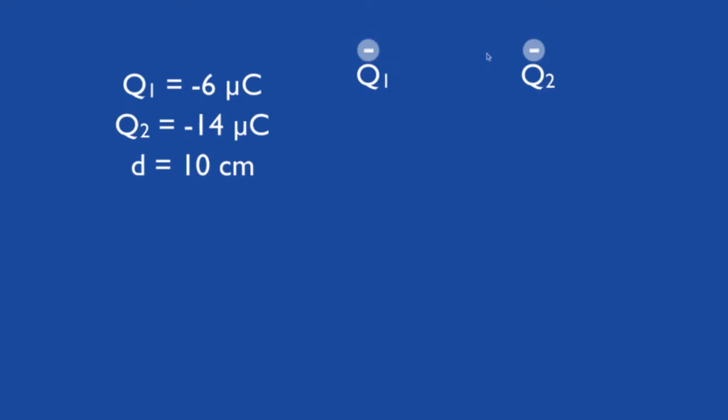Now we are going to use Coulomb's law to calculate the magnitude of the force, not the direction. We are just going to think about the direction. We have a negative charge, and like charges repel. So which way is charge 1 going to be pushed or pulled?